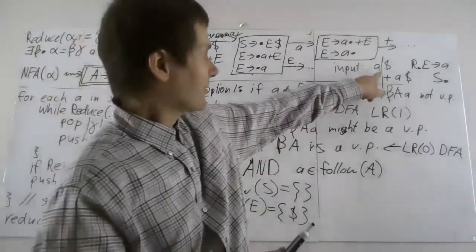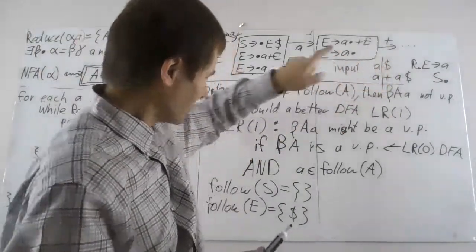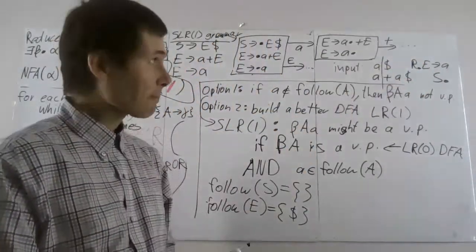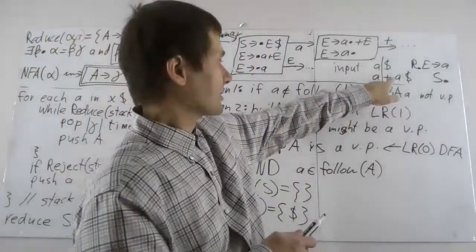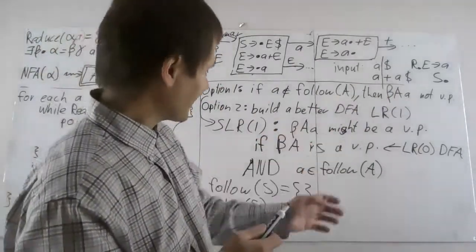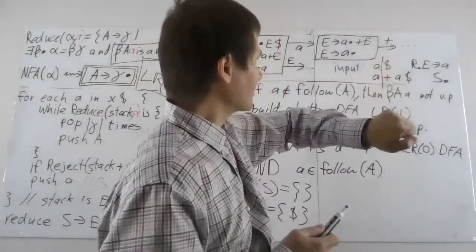Okay, and so if our input is a $ sign, then the next input symbol is $ sign. So it is in the follow set. So yes, we're supposed to reduce. If the next input symbol is plus, then plus is not in the follow set, so we don't reduce.